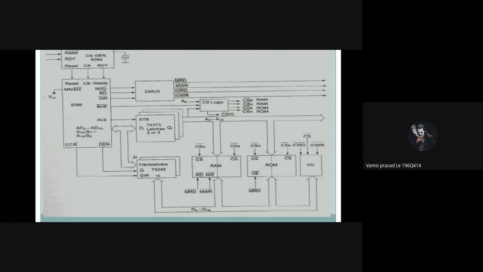So latches are directly connected to ALE, and the demultiplexer is connected to the memory input/output and read pins of the microprocessor. Transceivers are connected to DEN bar and DT/R bar, which are internally connected to latches. The memory unit is connected to transceivers, and control logic is connected to BHE bar.